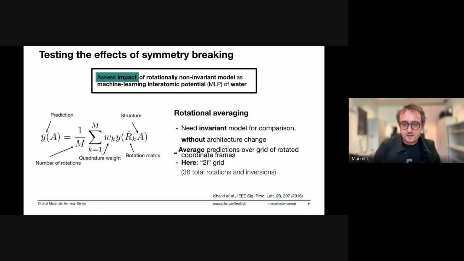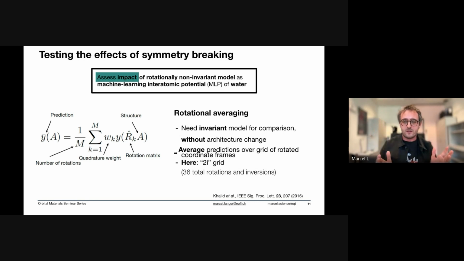The next thing we need is something to compare against. So we need a reasonable approximation of an invariant ground truth. And for practical reasons, because it is rather complicated to compare two models, we wanted to take the same model and symmetrize it at inference time in order to have some sort of comparison. And here what we chose to do in the end is to just make a grid of all the Euler angles with some quadrature weights, and then evaluate the model for each of these transformations and take the average.